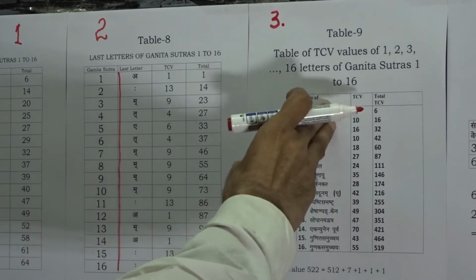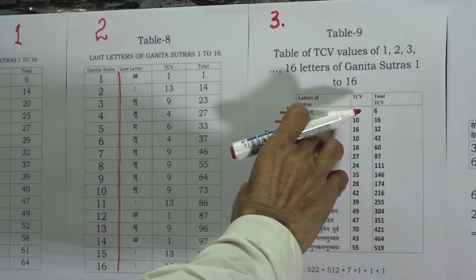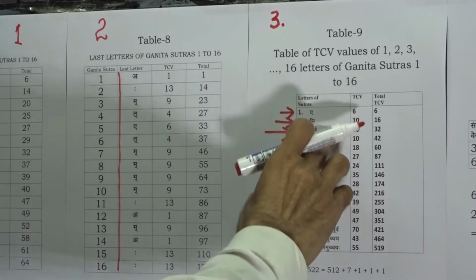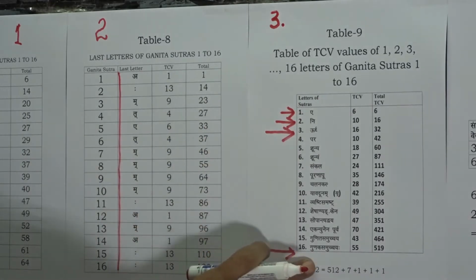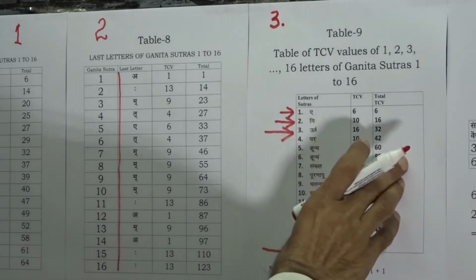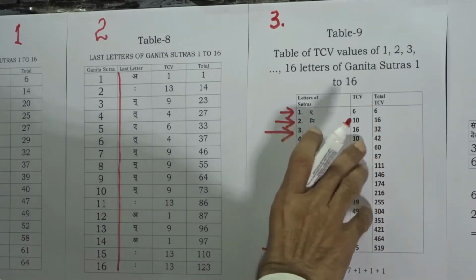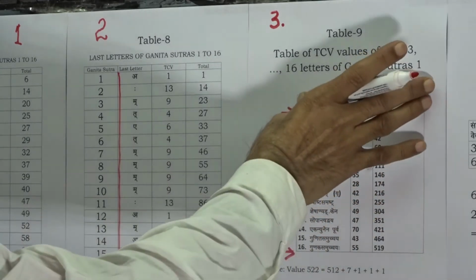This chain of 16 steps of the first letter, first pair of letters, first triple letters, and all the 16 letters of Ganita Sutra 1 to Ganita Sutra 16 together will tabulate for us the values and features, and these values and features together will coordinate and manifest for us a format.